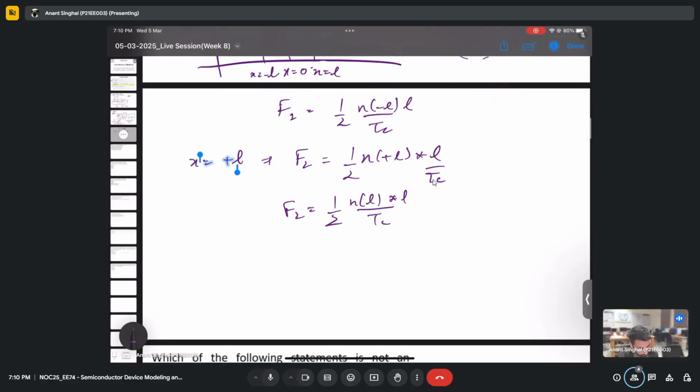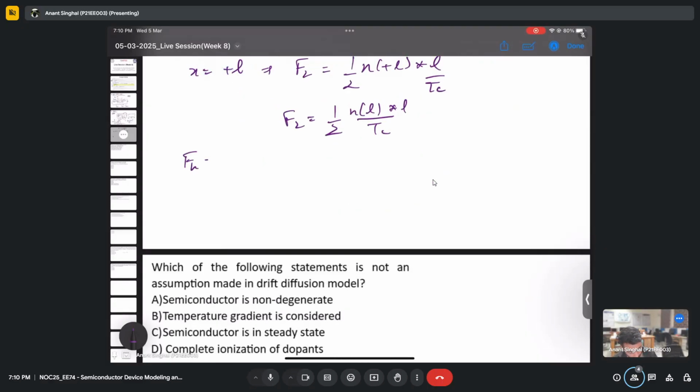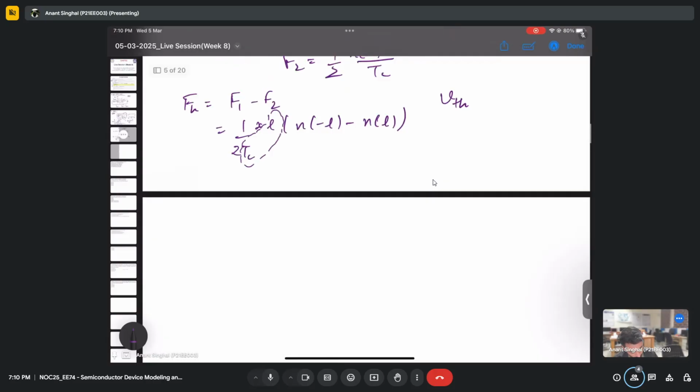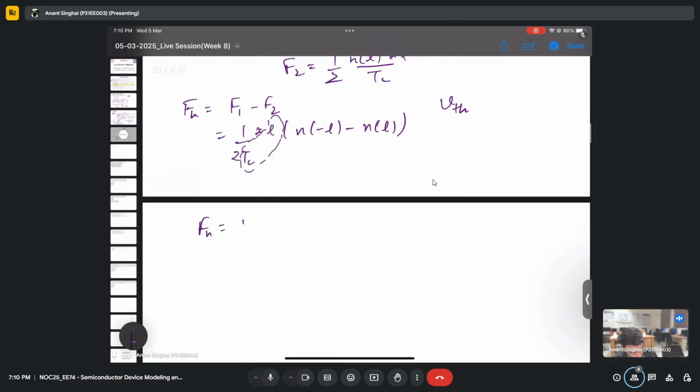So the average rate will be the difference of the first minus the second. The only difference in these formulas is the concentration at minus L and the concentration at L. We know that L upon tau c is nothing but the velocity. So if I'm talking about the thermal velocity as of now, it will be V_th by 2 times this whole thing.